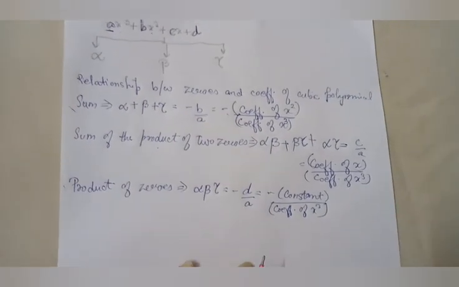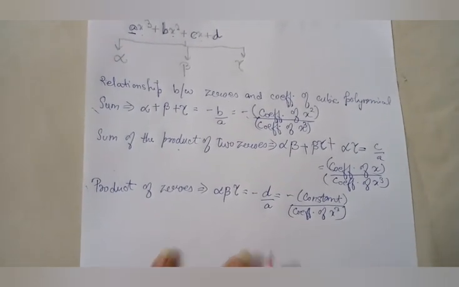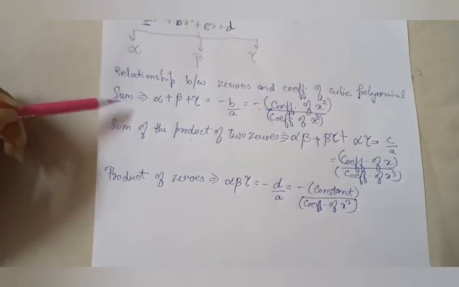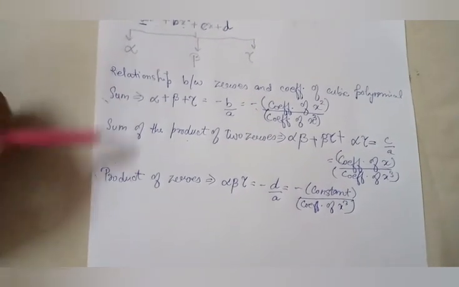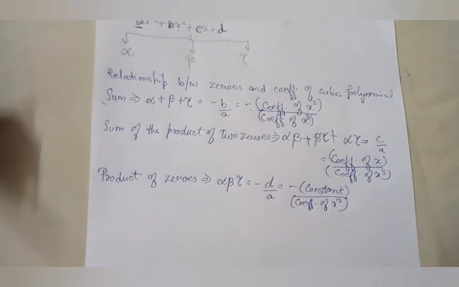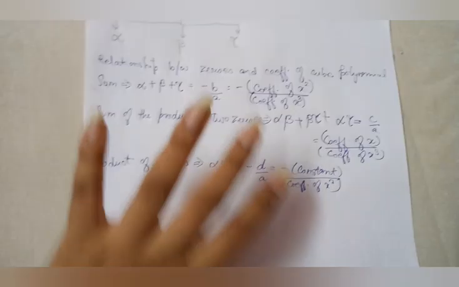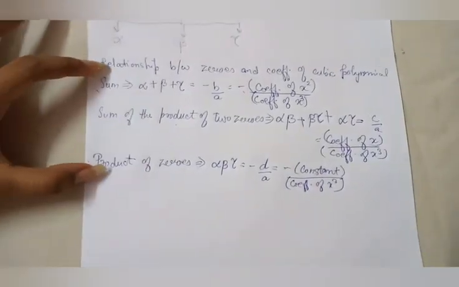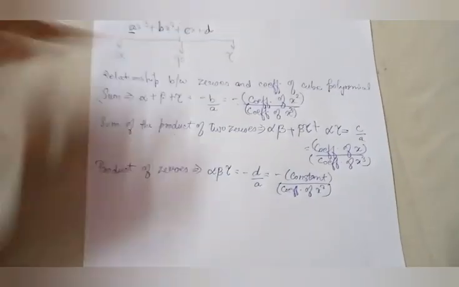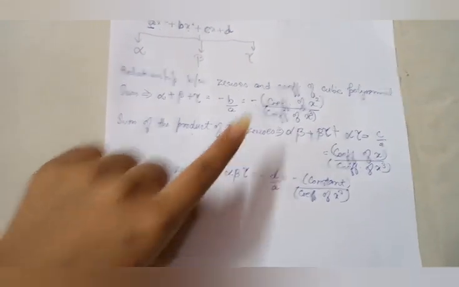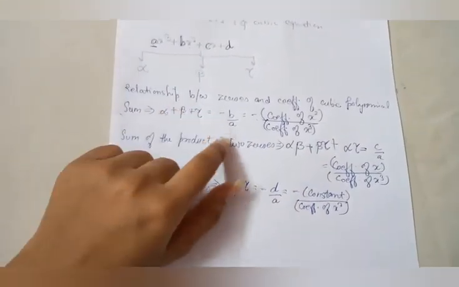As you know, there is no sum in your exercise involving this relationship, so I'm not going to teach this in this video. But if anybody wants a question based on this theory, you can comment below, and I will surely teach you how to solve the cubic equation and how to use these relationships.